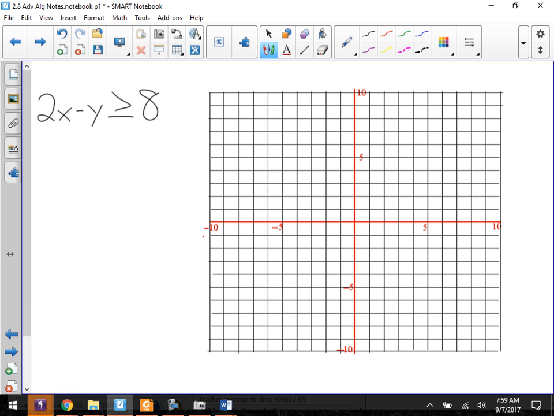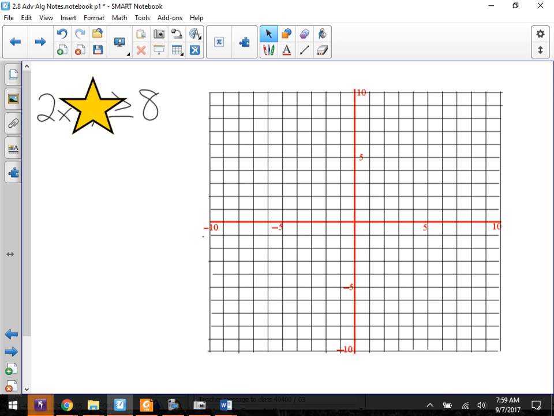So you treat it just like you would a regular equality, and you're going to cover and solve. What's my x-intercept? 4. What's my y-intercept?